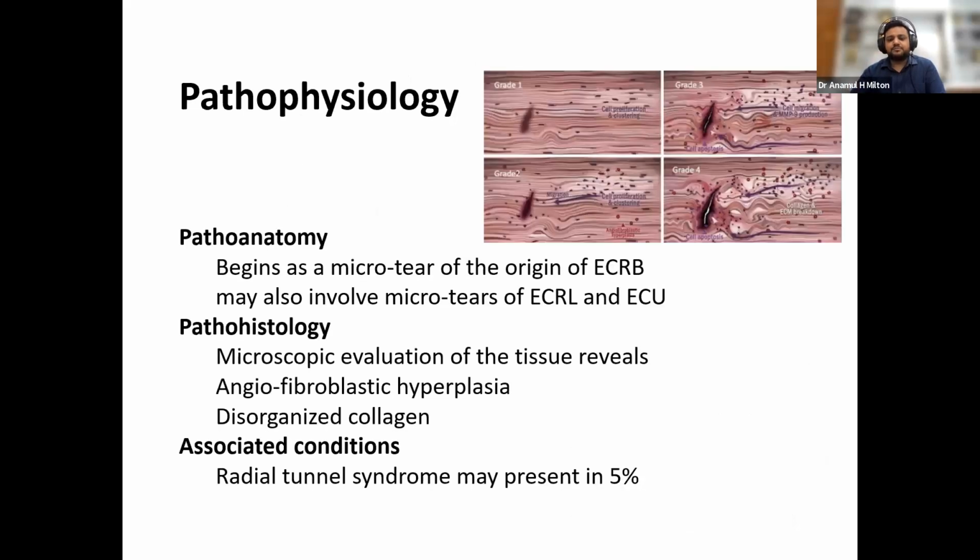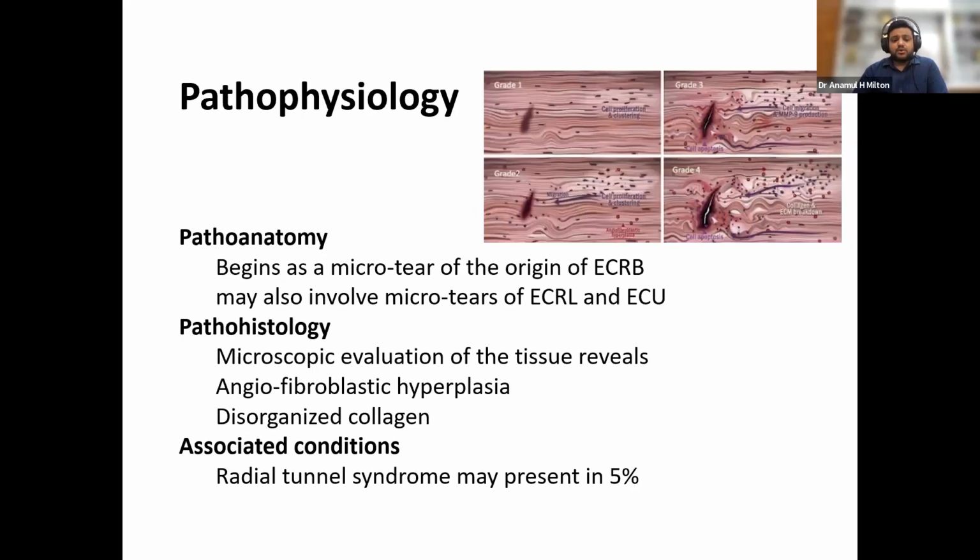Okay. If we look at the pathoanatomy, there is some micro trauma or micro tear at the origin of the common extensor, the extensor carpi radialis brevis, and also a small tear or micro trauma in the extensor carpi radialis longus, though it is not part of the epicondylalgia, and the extensor carpi ulnaris.